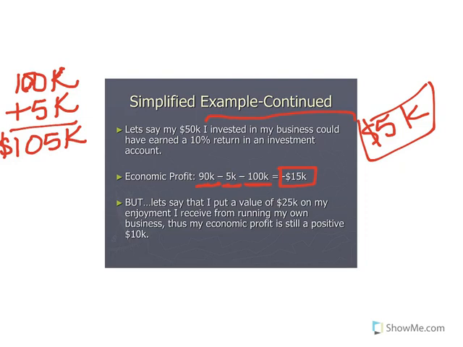Whereas now, utilizing those resources in this job, I only made $90,000. So even though my accounting profit is positive, it's $15,000 less than what it would have been had I just allowed my resources to stay where they were more highly valued.